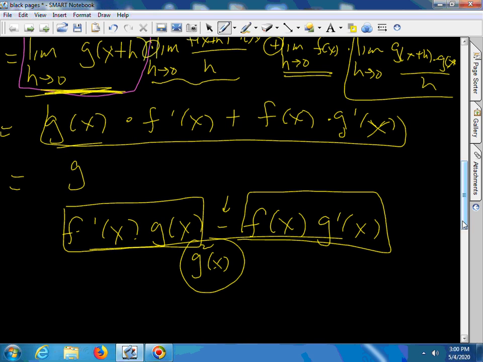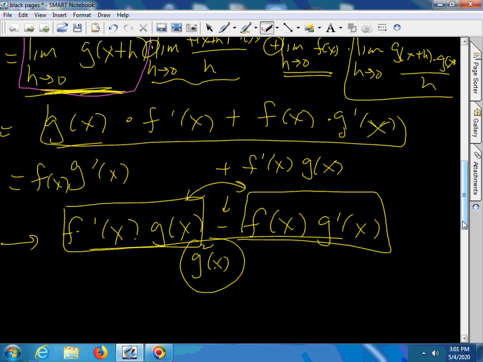They have g prime of x, maybe f of x first, plus f prime of x, g of x. This doesn't match the bottom at all. Well, you can say, oh, it's switched. Well, you know what? Addition switches. You can switch an addition.